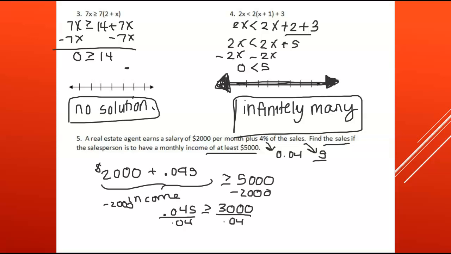And we get S greater than or equal to 3,000 divided by 0.04, which is 75,000. So what that means is that the salesperson needs to sell $75,000 to make a commission on those sales to earn $5,000 per month.